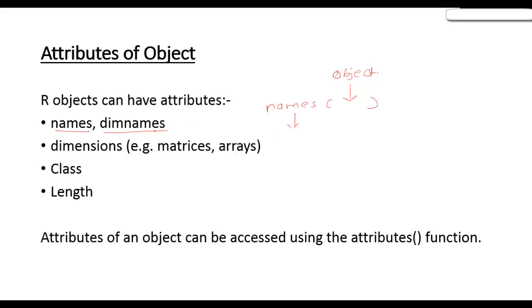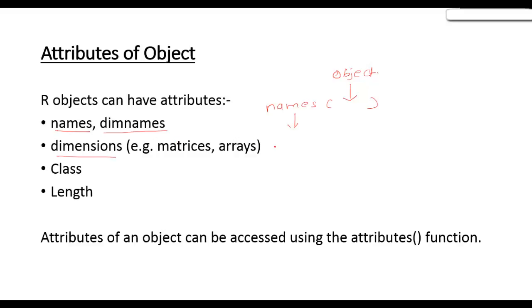If you don't understand this or are not able to visualize it, it's fine, no problem. When we introduce the objects themselves, like vector, list and data frame, you will get a better idea. Then there is the attribute of dimension.